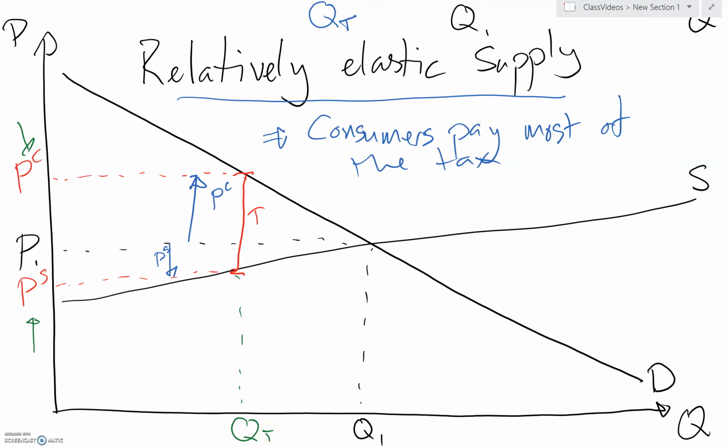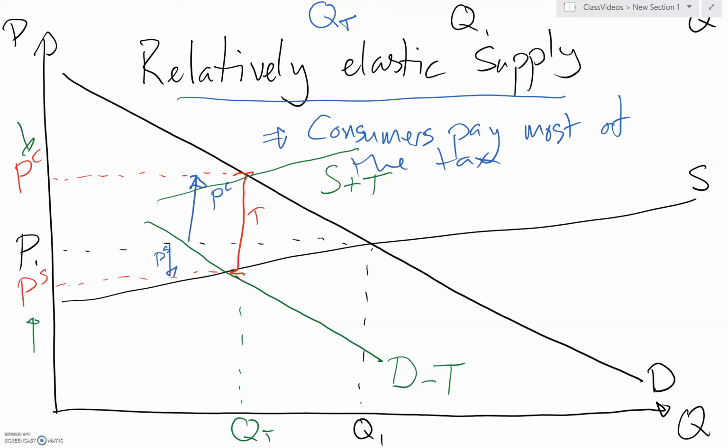We could have implemented this tax either by taxing the demand side, in which case you'd be getting a demand curve coming through here. So this would be demand minus tax. Or we could implement this tax by taxing the supply side, in which case we'd have a supply curve coming through here, which would be supply plus the tax.